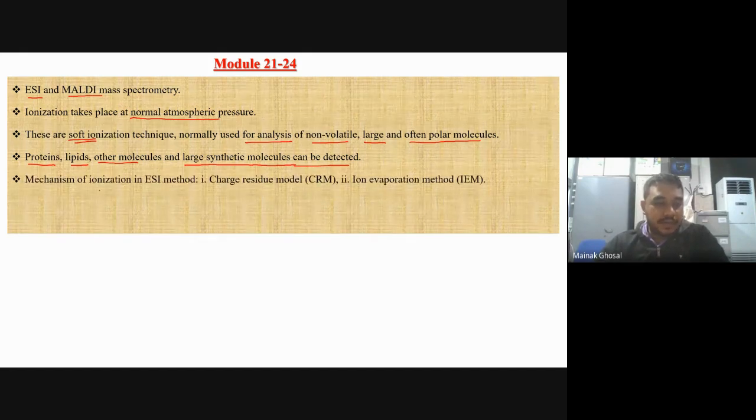Now, there are two mechanisms of ionization in the ESI method. One is the charge residue model, another is the ion evaporation model. They are complementary to each other, because they say the same thing in a different manner. The charge residue model tells you that the solvent molecules go along with your ion of interest and get lower in size, and at the final point, when the solvent is completely evaporated, you are left with only the ion.